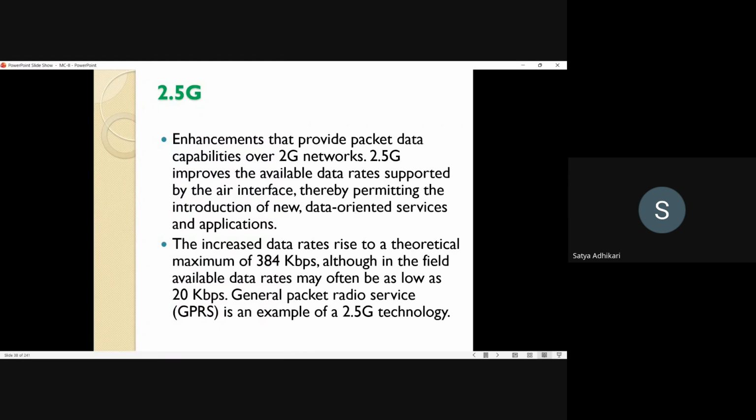The increased data rate rises up to a theoretical maximum of 384 kbps. Although in the field available data rates may often be as low as 20 kbps, general packet radio service is an example of 2.5G technology.